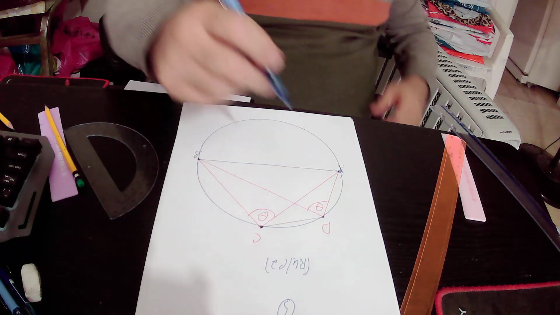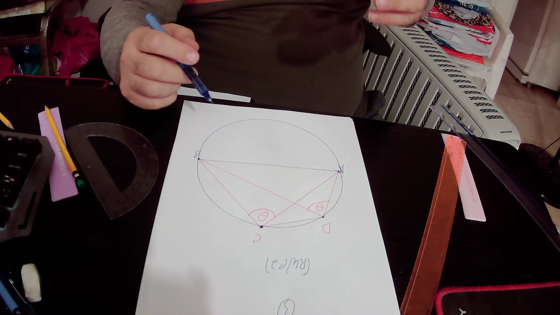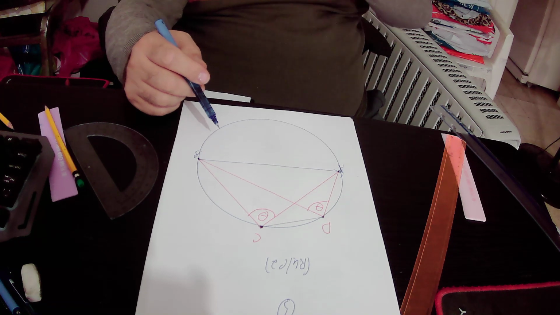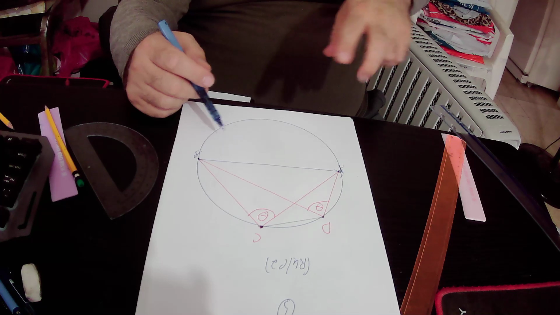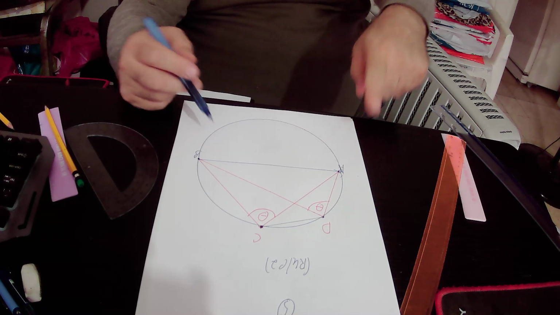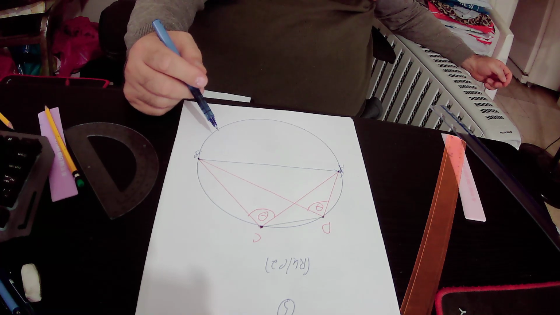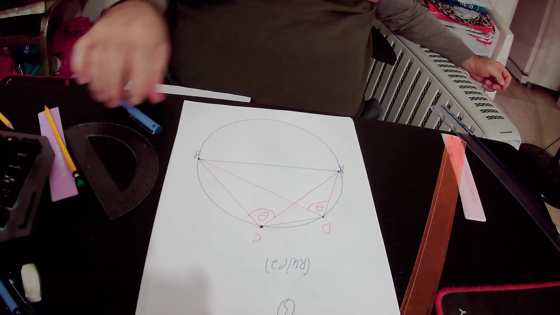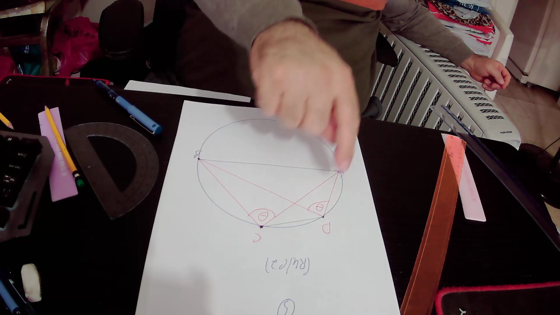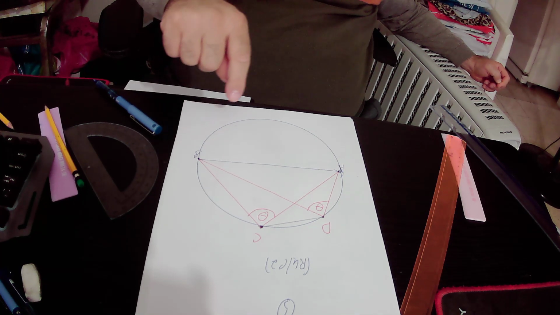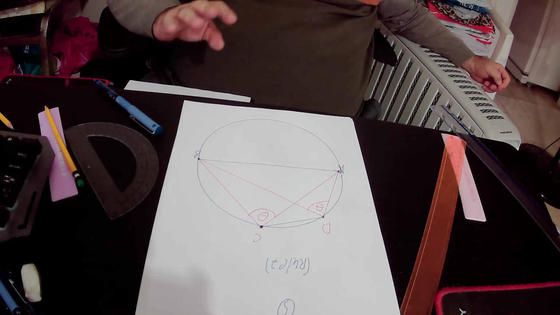Again, if we have line segment AB, and on line segment AB we have two equal angles that rest on line segment AB, then according to rule number 2, the quadrilateral ABCD is inscribed by this blue circle, and the 4 points A, B, C, and D lie on this blue circle.